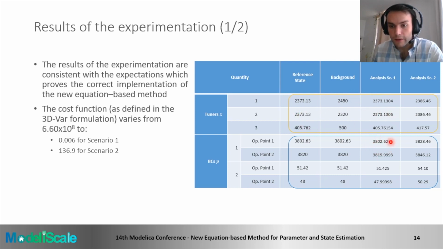For the analysis of the boundary conditions, the values are also very close, and the confidence was very low. But in scenario 2, there are differences for the boundary conditions. We do not have the same values at all, and consequently the tuners are also different because they are compensating. But in both cases, the match between the model outputs and the measurements is very good.